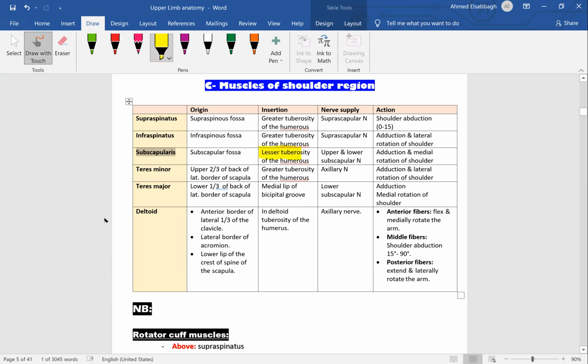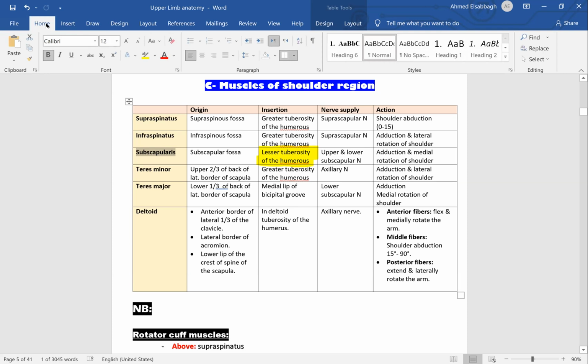Never forget it. Must be asked in every exam. What is the insertion of subscapularis? It is inserted into the lesser tuberosity of the humerus. The other muscles inserted into greater tuberosity are supraspinatus, infraspinatus, and teres minor.